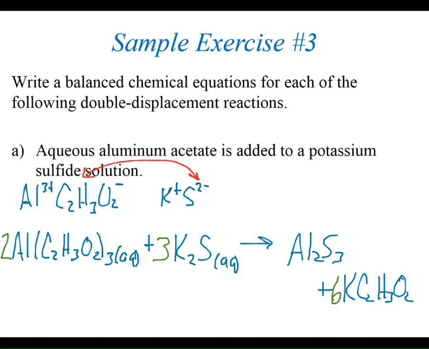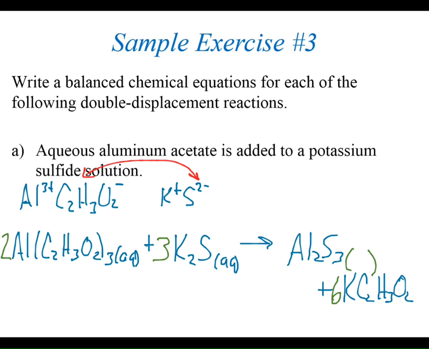Okay, now let's put in our phases, or our states. Aluminum sulfide, is that solid, which means insoluble, or is that aqueous, soluble? So I told you Monday to run those 5 little solubility rules. So what's the rule for that? Is there a rule for that? Remember our rule was if it's a group 1 element, like lithium, sodium, potassium, they're always soluble.